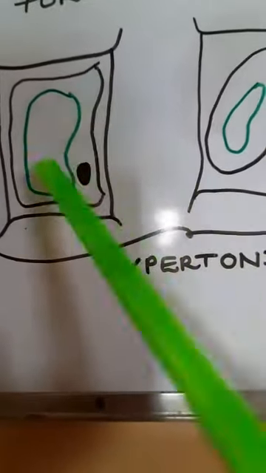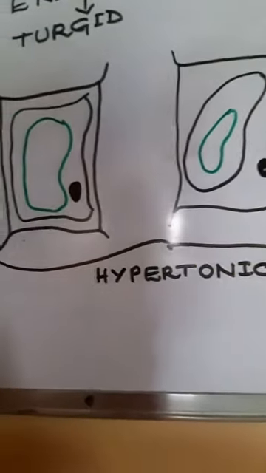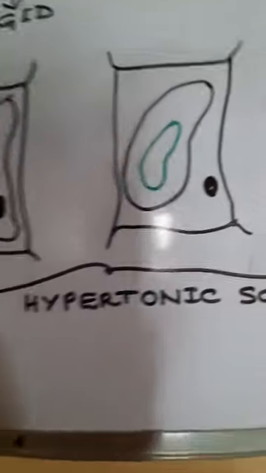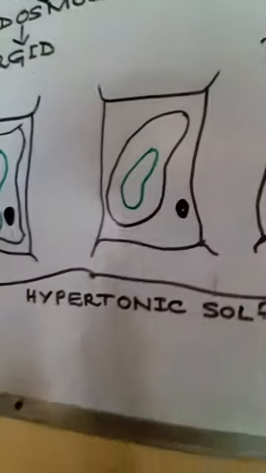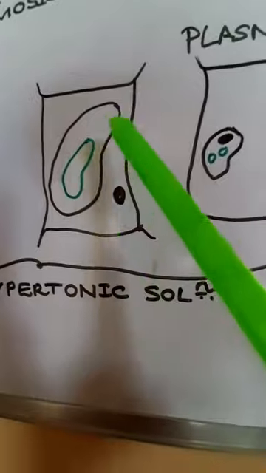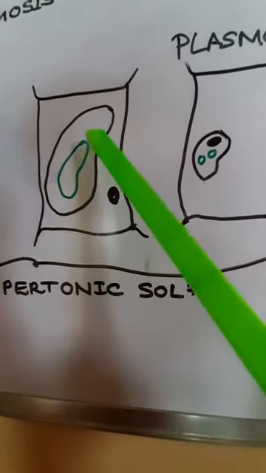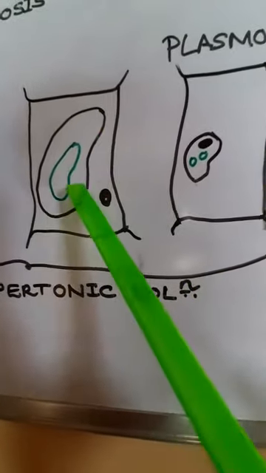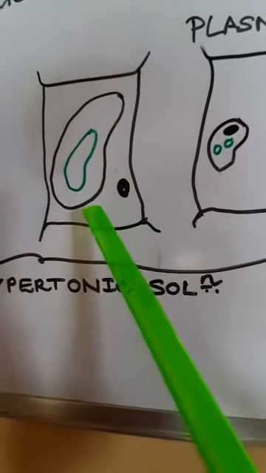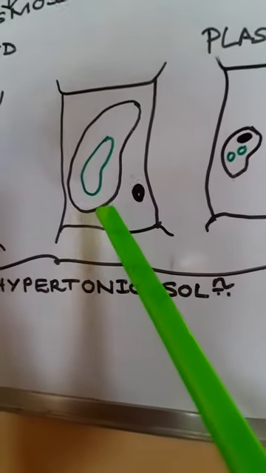The cytoplasm also starts shrinking, okay? It starts shrinking slowly, then it has shrunk more over here, the plasma membrane, because exosmosis is taking place.